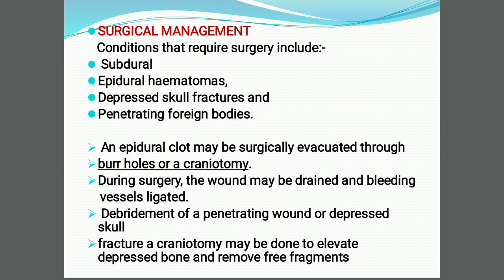It is removed so that the doctors can do the surgery, or they can ligate the blood vessels. So if there is any wound, there will be debridement or removal of the tissues, and it can also be done to evaluate the depressed bone and remove the free fragments.